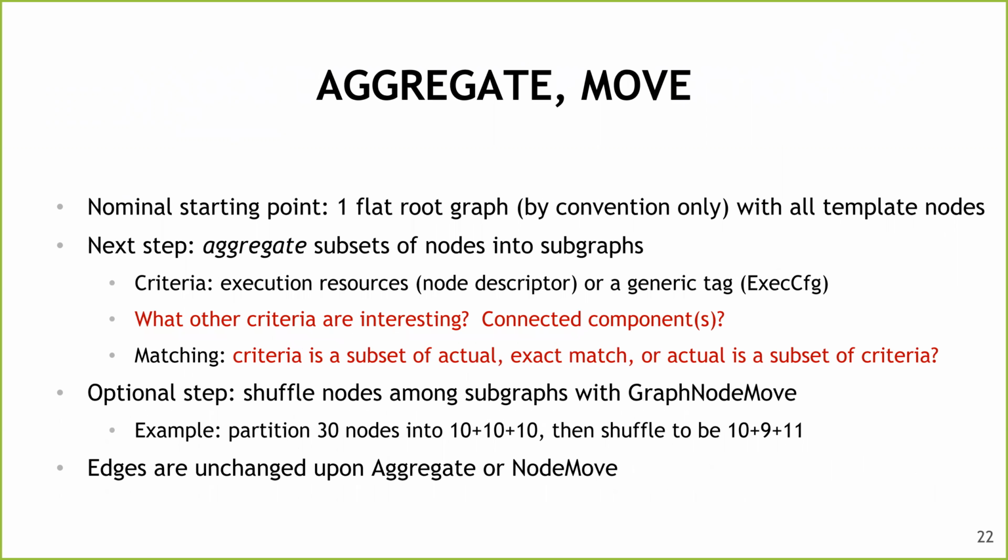Or you could say, I've pre-traversed this graph and marked them as red, green, and blue. So gather all the blue stuff together and make that a subgraph for me. And so there's this notion of a generic tag that's available. Any other criteria that are interesting to folks, like connected components or anything else?